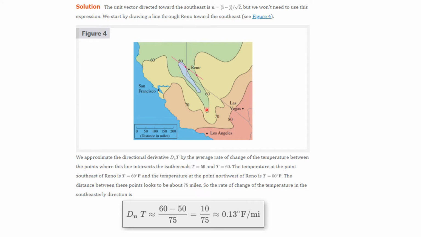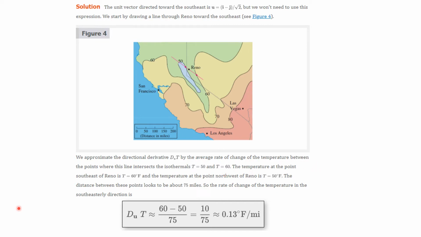Reno sits in an area where it is 60 degrees, and then we're going in this southeast direction. So you can approximate the directional derivative in the direction of u, going southeast, of T by the average rate of change of the temperature between the points. This line intersects these isotherms, T equals 50 and T equals 60.